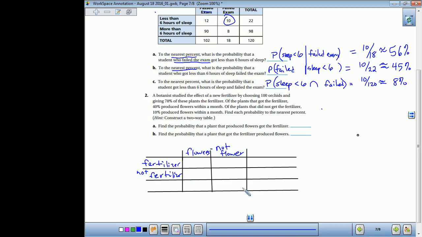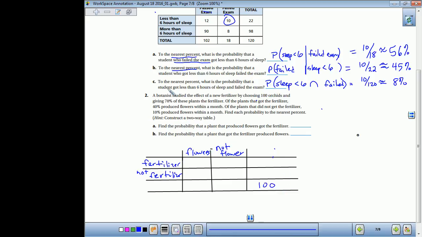The nice thing is they gave us 100. So we could put them in decimals, or we could just leave them as they are and know that's the decimal because it's 100.